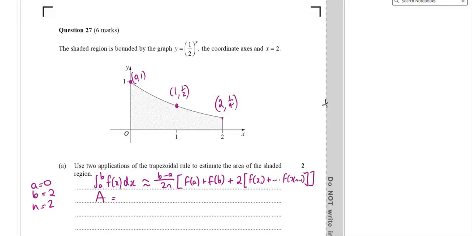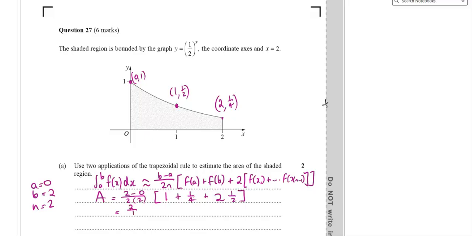So that area equals 2 minus 0 all over 2 lots of 2 outside of. Now f of A is 1 and f of B is a quarter, and we're going to do 2 lots of the point in between, which is a half.